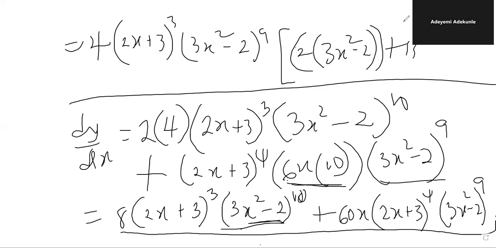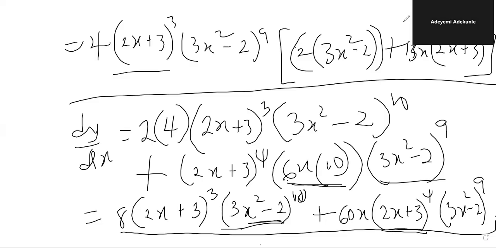So we have 15x into, we notice that 3x squared minus 2 raised to power 9 has been factorized out. So we'll be left with 2x plus 3, right? Because we have 2x plus 3 raised to power 3 coming out, and we have 2x plus 3 raised to power 4 here. So we'll be left with just one of it. So that's 15x into 2x plus 3. So you can just stop there.